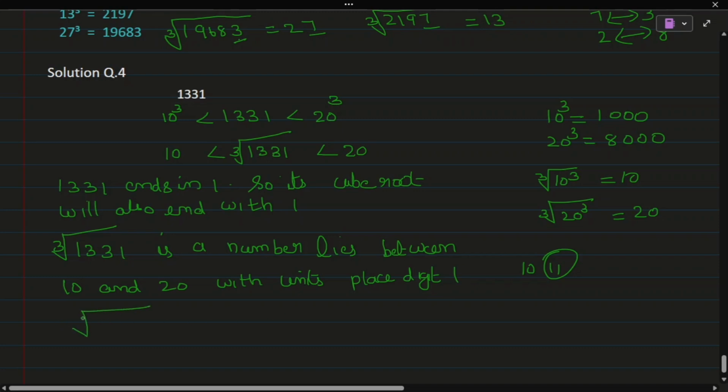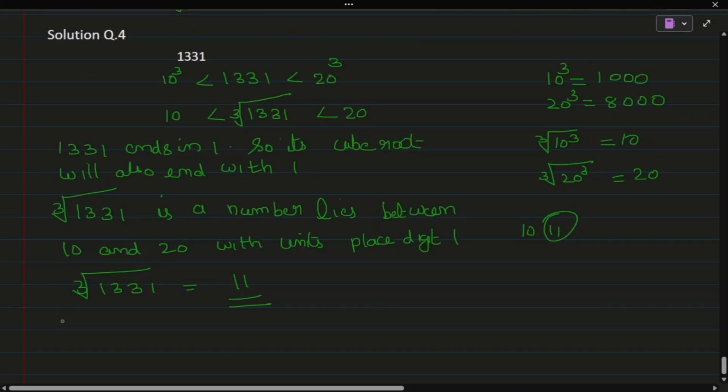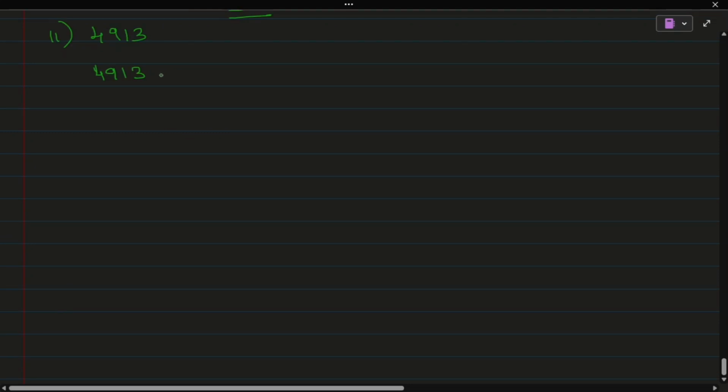So the answer will be 11, because 11 is the number coming between 10 and 20 with the units place digit 1. So we got the answer. This is the answer. Now we will discuss the next number. Second question, 4913. The given number ends in 3.